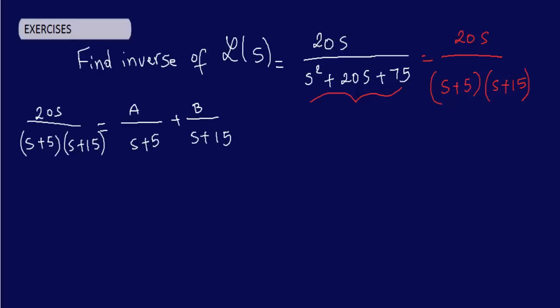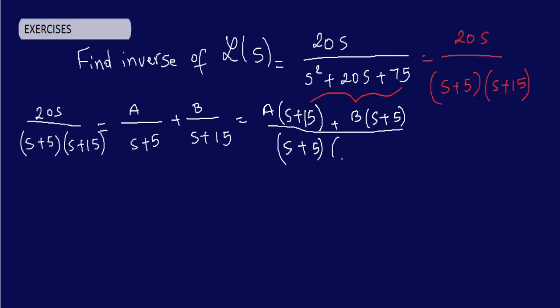This is simple. We just have to multiply out. Using s plus 5 times s plus 15 as the denominator, when you divide on top, A would be multiplied by s plus 15 and B will be multiplied by s plus 5, and you still have the denominator as s plus 5 times s plus 15.